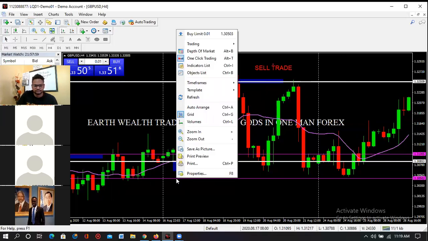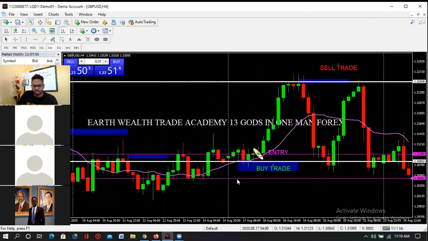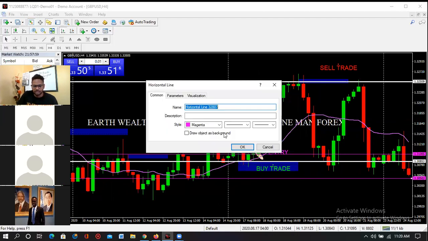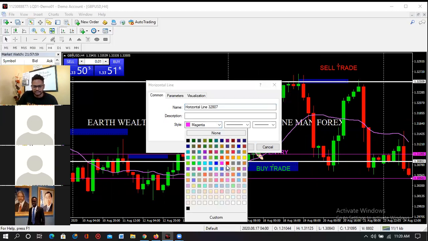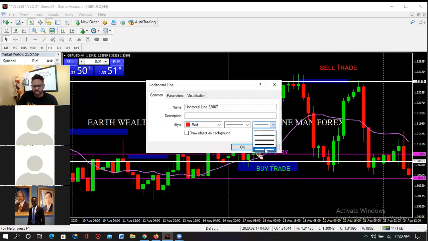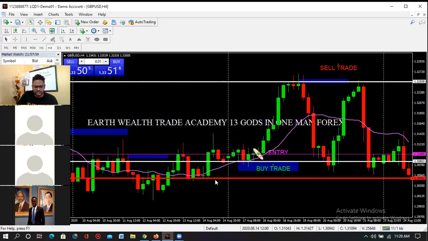So let's change this right here to red, and let's change the line to a real thick line. All right, so this right here, my friend, will be a stop loss.